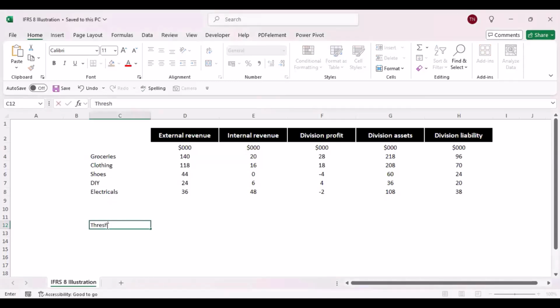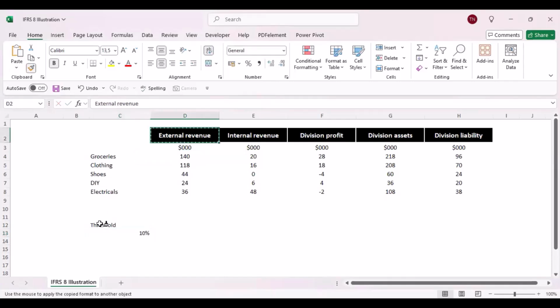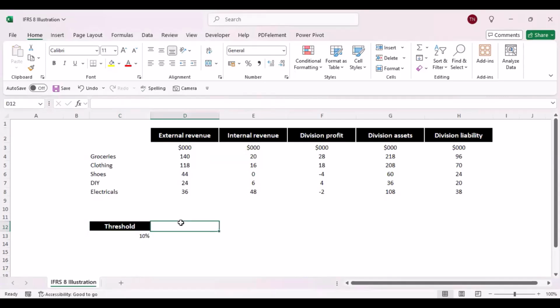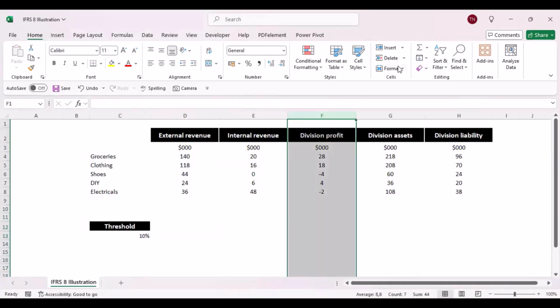So we're going to put our threshold. Yeah, we know it's 10%. The criteria that we talked about, the first one for a reportable segment, we said it has to be 10% or more of the combined revenue. What am I going to do here?